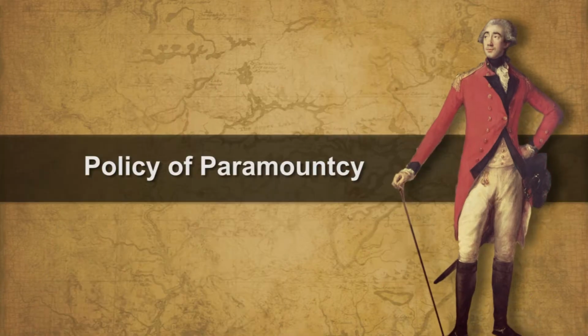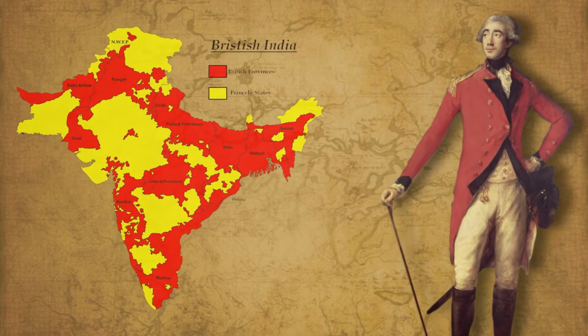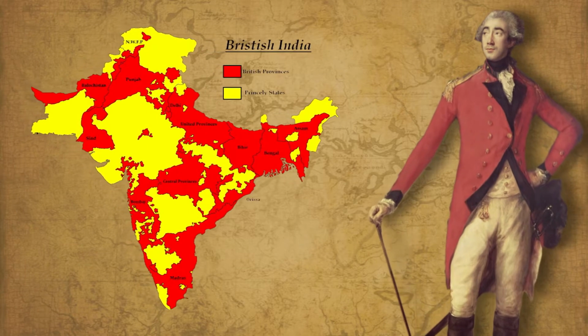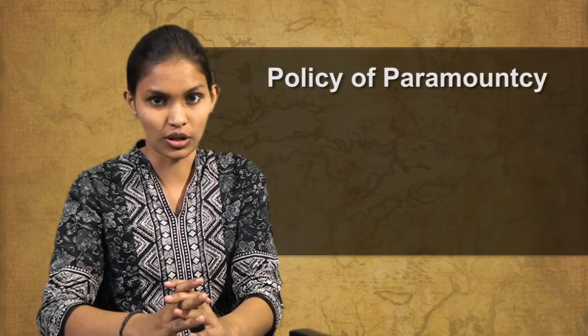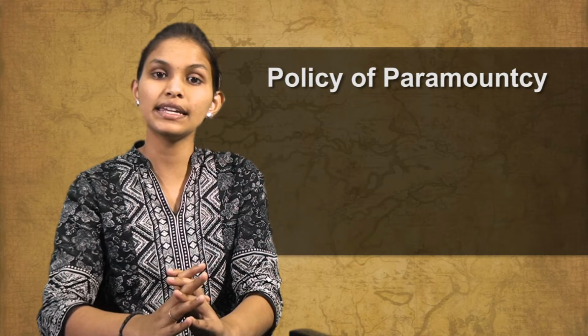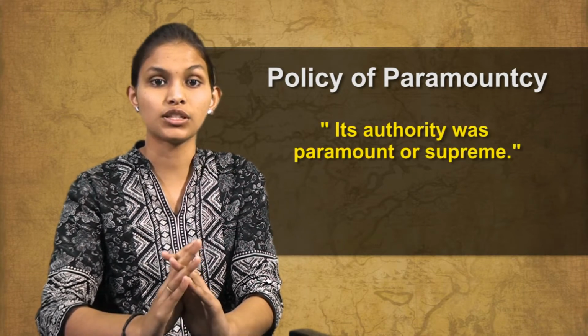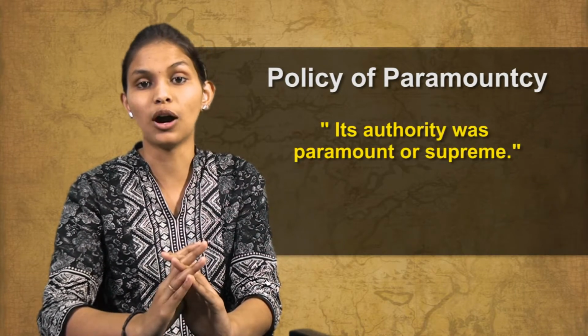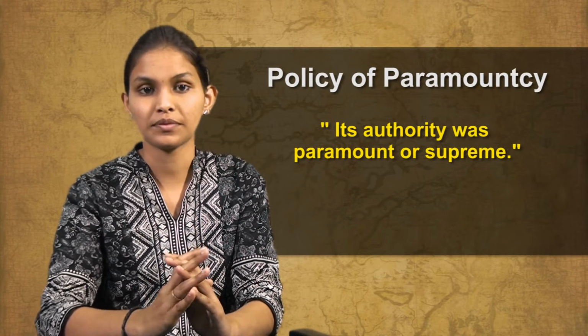Lord Hastings was the first Governor General of British India. He introduced a new policy called the Policy of Paramountcy to control the Indian territories. Under this policy, the Company claimed that its authority was paramount, or supreme.